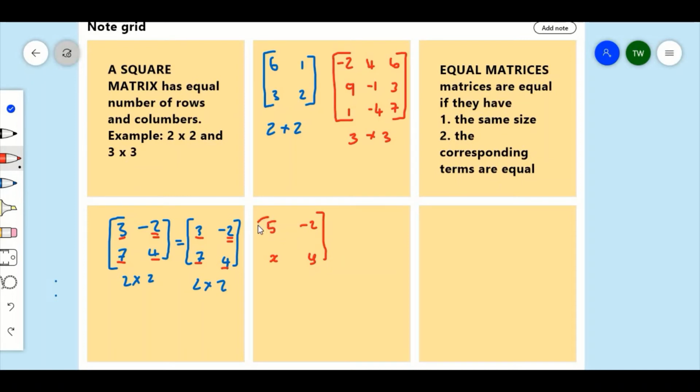And they told you that this matrix is equal to another matrix over here, which is 5, -2, 8, and 11.